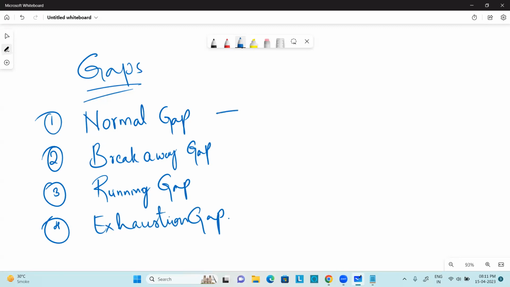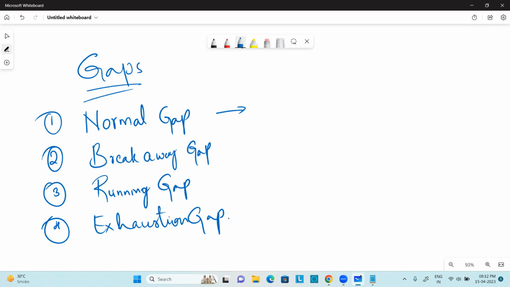So first of all, normal gap, whenever the market is in a single direction, then there will be some gaps. So you will be looking at SGX, right? Most of you have a habit of looking at SGX. SGX देख के ट्रेड करने वाला लोग बहुत ज्यादा है.